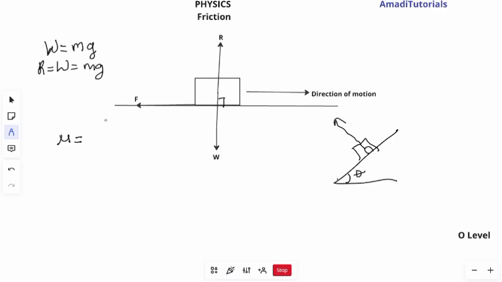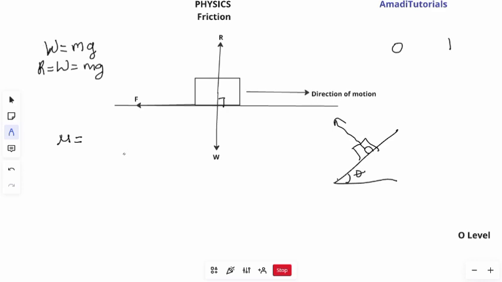If the surfaces have no roughness, or they are perfectly smooth, the coefficient of friction mu is 0. But if the surfaces are very rough, that you have maximum friction, the coefficient of friction will be 1. So that means coefficient of friction ranges between 0 and 1. It can be more than 1 and it can be less than 0.